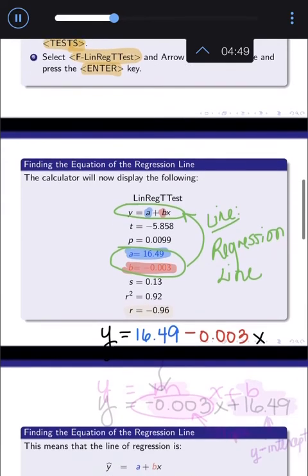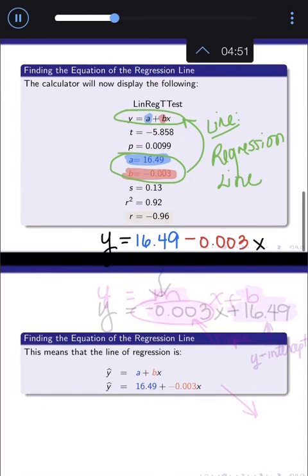Now, generally speaking, we are not used to seeing equations with the x last in our math classes. So we may want to rewrite this, it's up to you, as y equals negative 0.003x plus 16.49, because then it looks more like what we're used to.